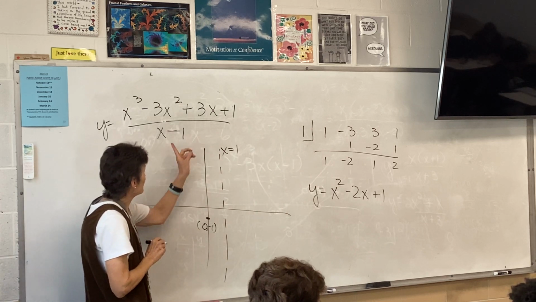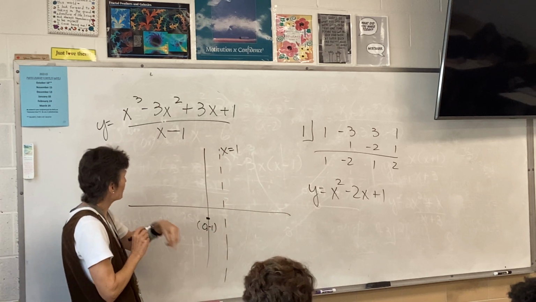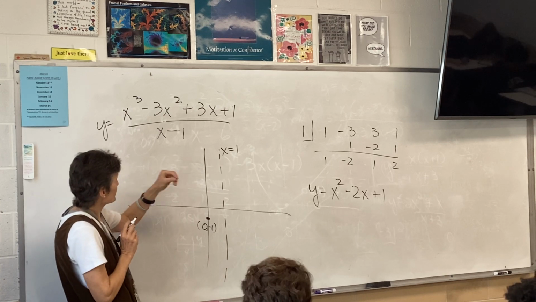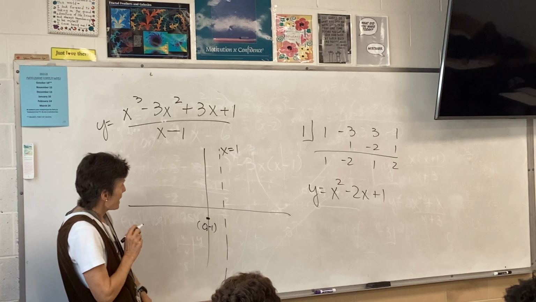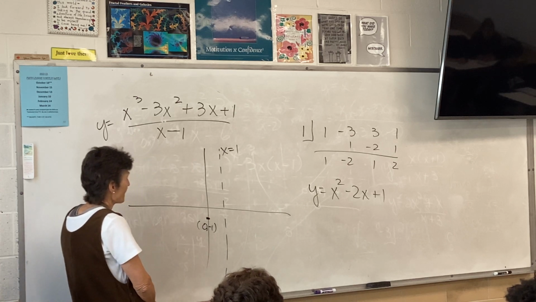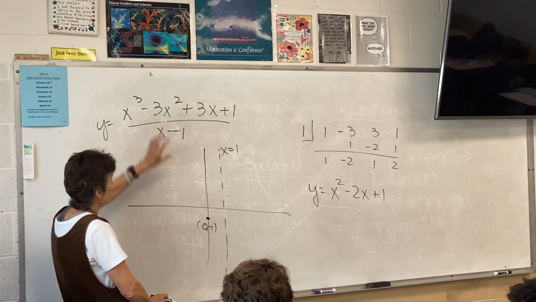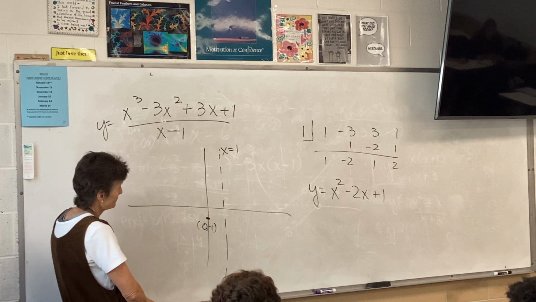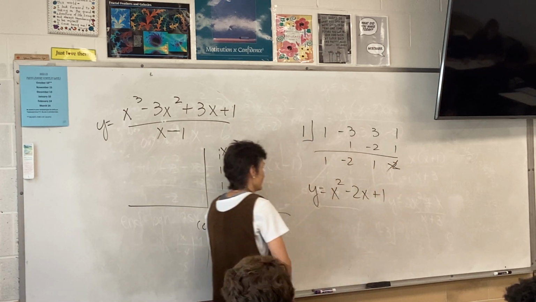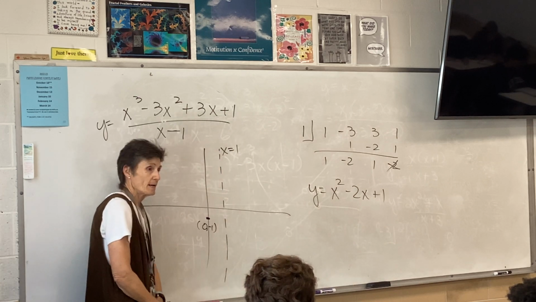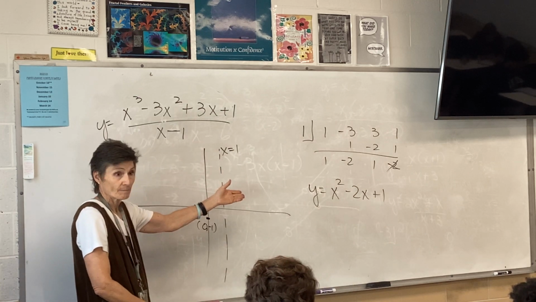So, we knew we had a vertical asymptote at 1. We knew we had a y-intercept at -1. And now I am finding my end behavior asymptote, so I just did the division in the problem, ignoring the remainder when I find the asymptote. And that's what I got.